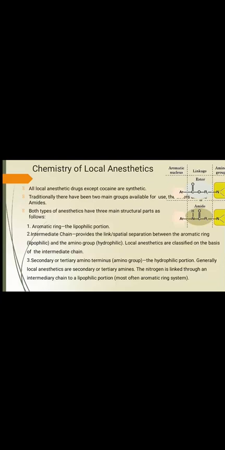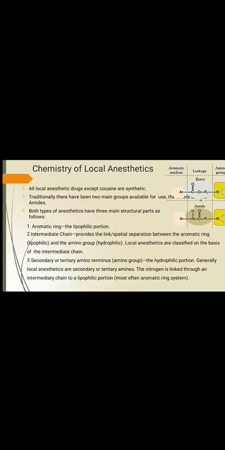These two are joined by means of a linker or linkage. That linkage can be an ester linkage or an amide linkage. All the local anesthetic drugs except cocaine are synthetic. Traditionally, there have been two main groups available for use, containing either ester or amide linkage.